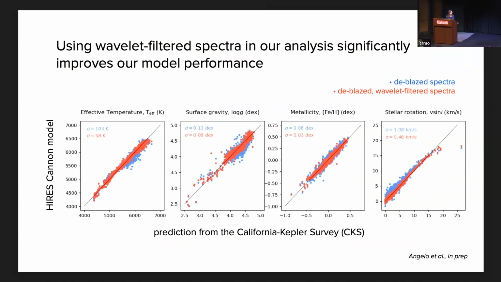And so points that are on this one-to-one line are points that our model is doing well at. And so you can see here that when we just use the deblazed spectra, we get a larger spread around these lines than when we use spectra that have been wavelet filtered. And so this is suggesting to us that the wavelet filtering removes a lot of systematics that aren't actually correlated to what happens physically in the star.